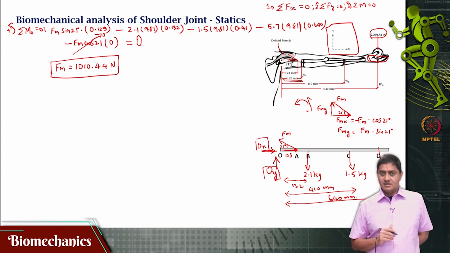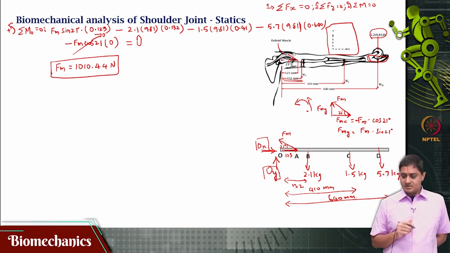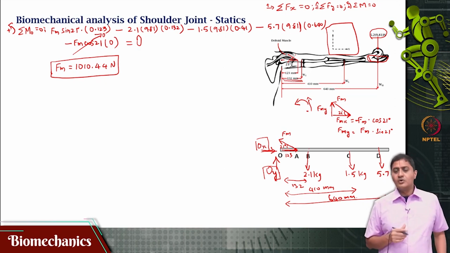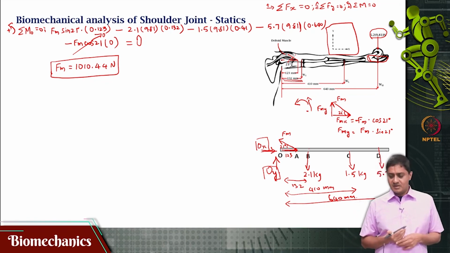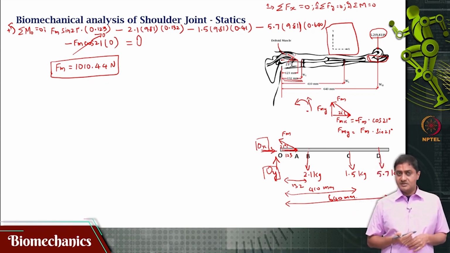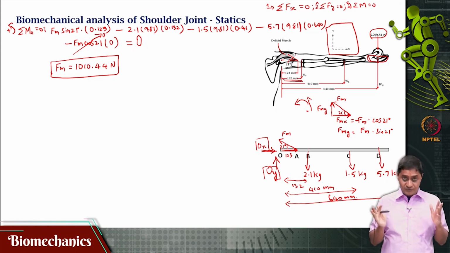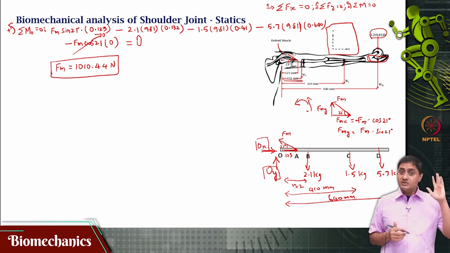Let us go back and take a look at the situation. To hold a mass of 5.2 kg, the deltoid muscle is producing a force of 1000 newtons. 5.2 kg, say even at g equal to 10, is about 52, let us say 50 newtons. For 50 newtons to be overcome, the muscle will have to produce 1000 newtons.